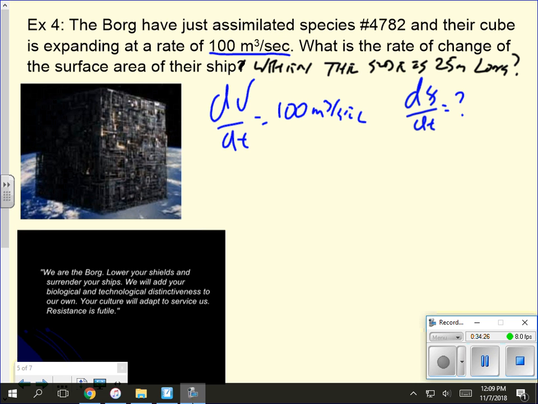Now, here's my issue on this one. I'm dealing with volume and I'm dealing with surface area. Is there a formula, an equation, if you will, that relates the volume of a cube to the surface area of a cube? Not one that directly does.